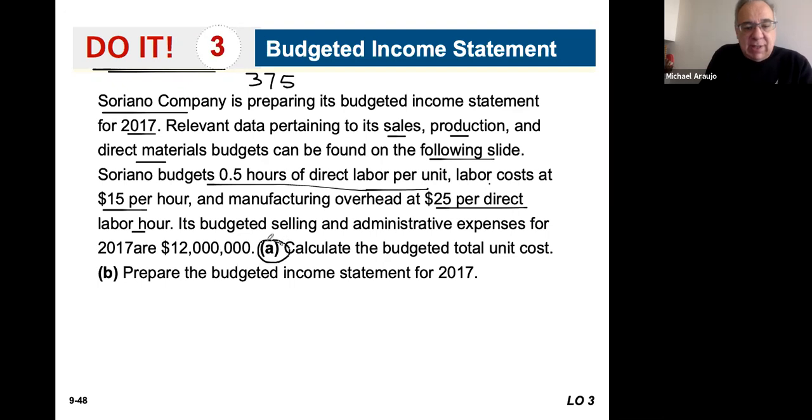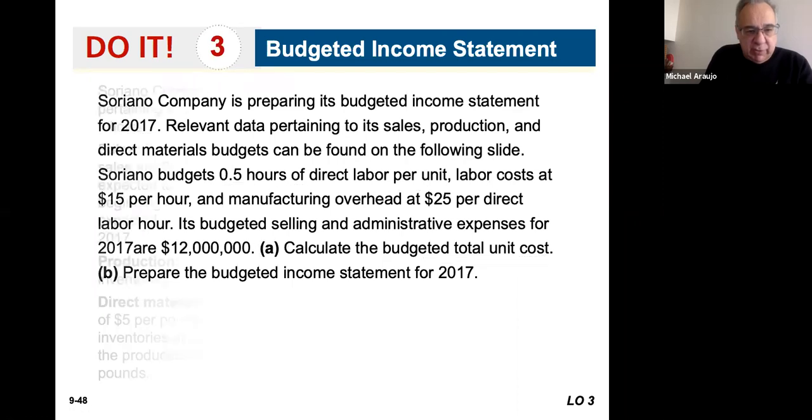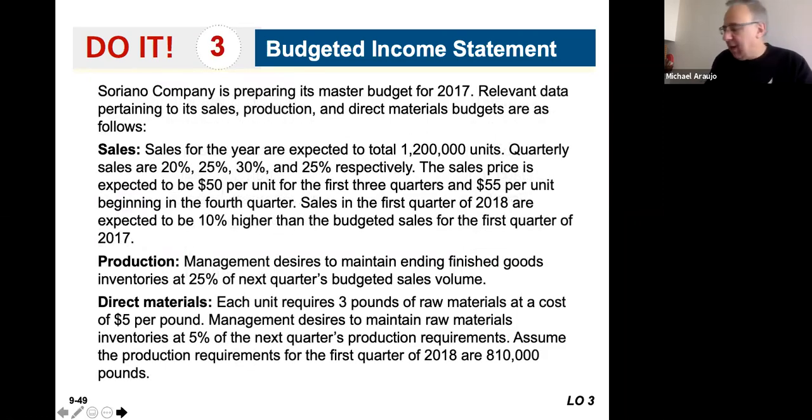So first thing here they want you to do is to calculate the budgeted total unit cost. The second thing is do the income statement. So let's look at the budgeted unit cost first. Okay. When you look at the budgeted unit cost, how much is necessary to produce one unit of whatever they're selling here?